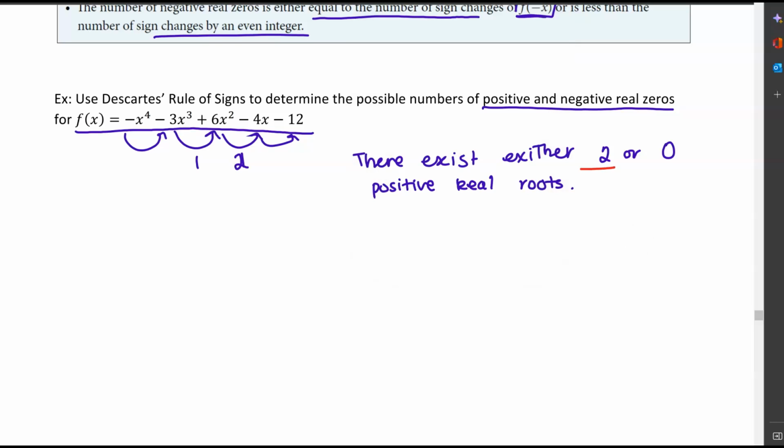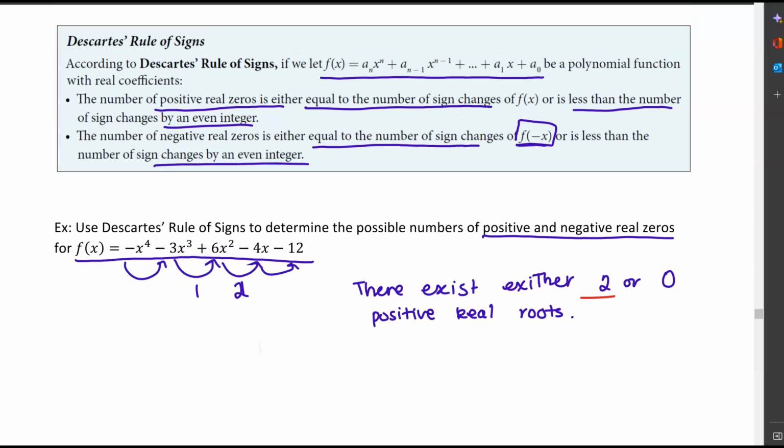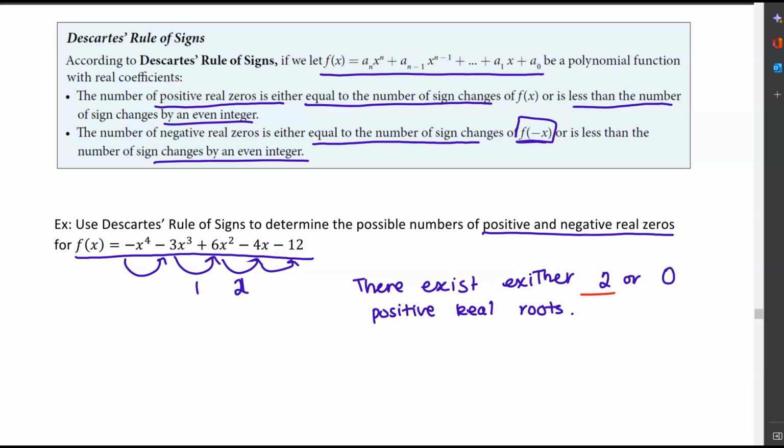It's going to be 2 because according to the rule of signs, the number of positive real zeros is either equal to the number of sign changes, which in our case was 2, or is less than the number of sign changes by an even integer. So if it's going to be anything less than 2, the next even integer down gives us 0. So that's where we get 2 or 0 real roots there.